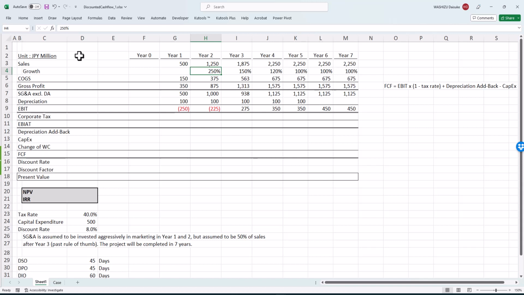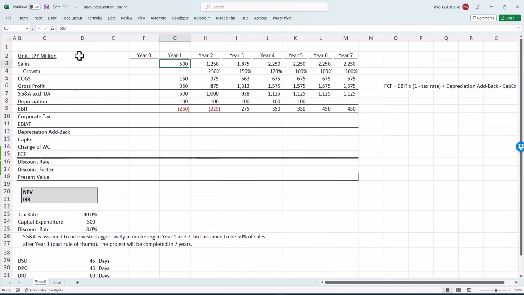I want to have simulations. I want to change the critical parameters and see the impact on the NPV and the IRR. So to do that, I want to have the formulas. Once I change an input cell, the output cell will automatically be simulated.